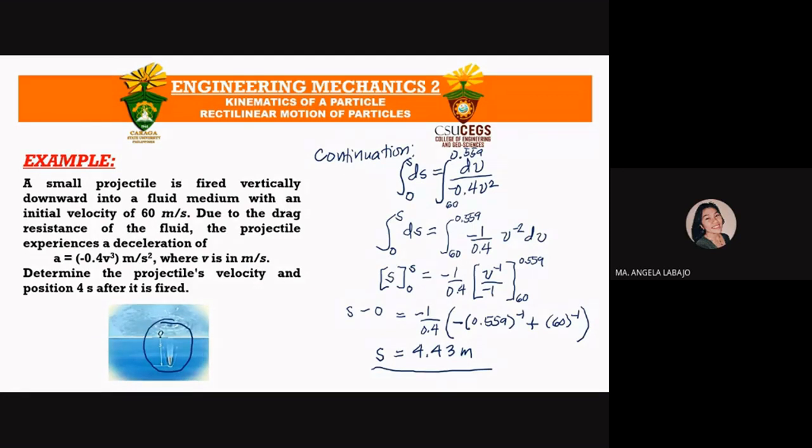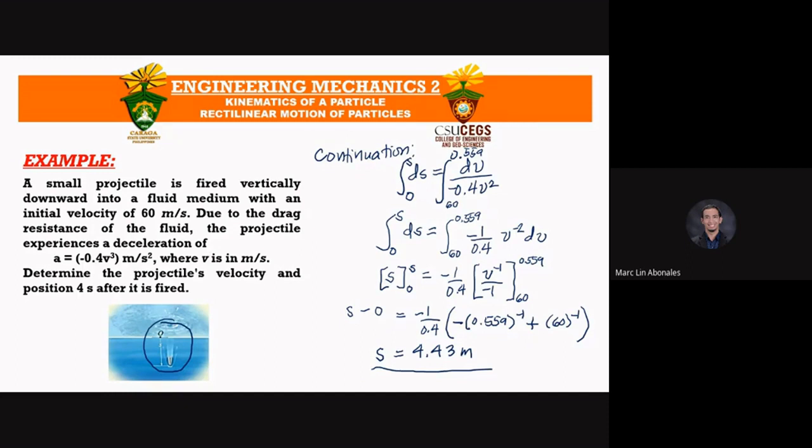Point of origin. What I discussed last time is that this 4.43 is a measurement from the origin. So what is its distance from the origin? Since it starts from the origin, after 4 seconds its position from the origin will be 4.43 meters.